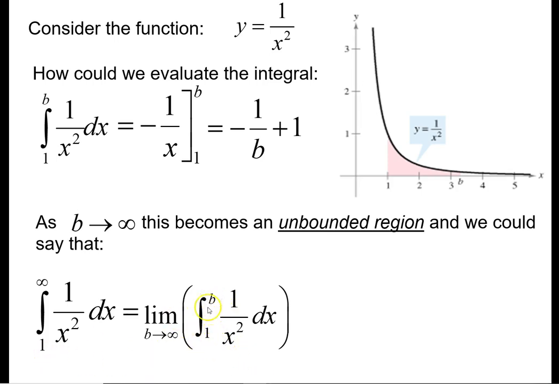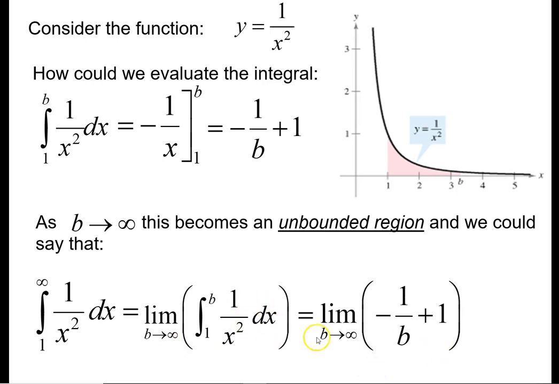Again, we are using b as a generic number so that we can evaluate the definite integral. And then we're going to think of it as the limit as b approaches infinity. In other words, if we were to keep looking at areas under the curve from 1 to b, what would those areas be approaching as b goes out to infinity?